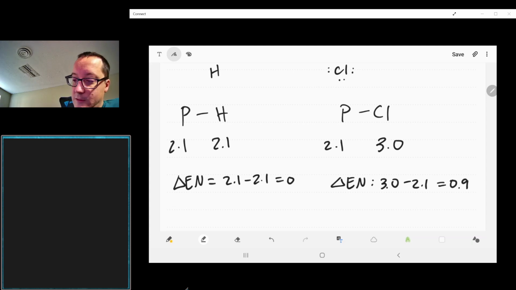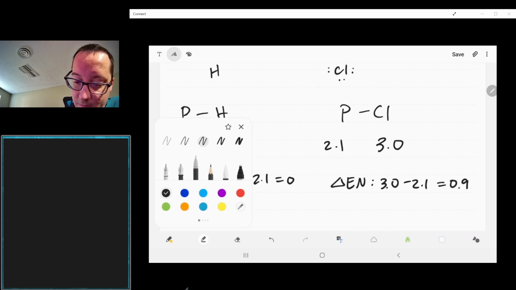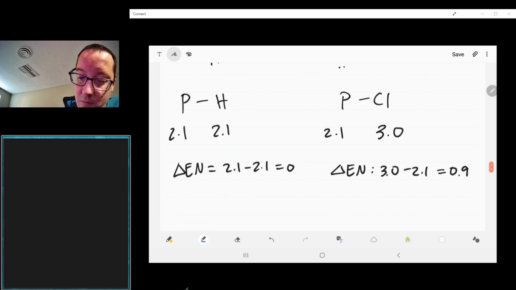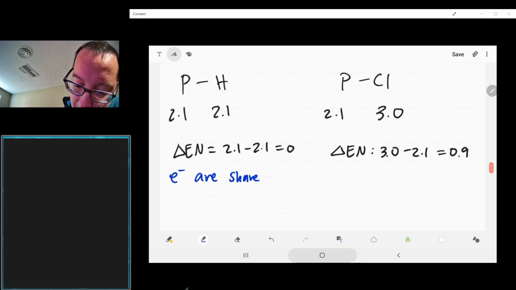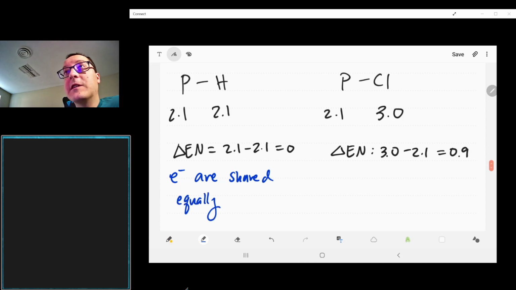As a result, with our example here on the left, the phosphorus-hydrogen bond, electrons are going to be shared equally. So there is no difference in electronegativity there. So neither of these atoms is going to kind of steal the electrons, and so things are going to be shared equally between them.